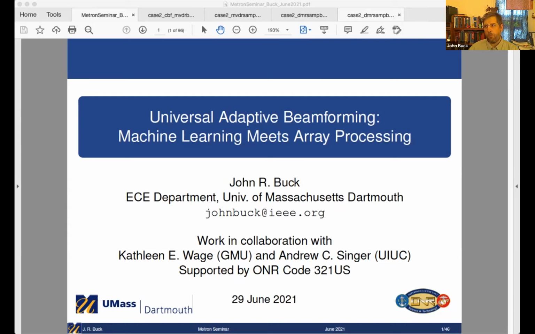Then we'll pivot and see the part where we get the machine learning chocolate dipped in the array processing peanut butter, as it were. That's about the point where someone will probably need to wake up people like Roy Streit and Christine Bell to tell them I'm going to say something they don't already know, probably. But I will tell those people.